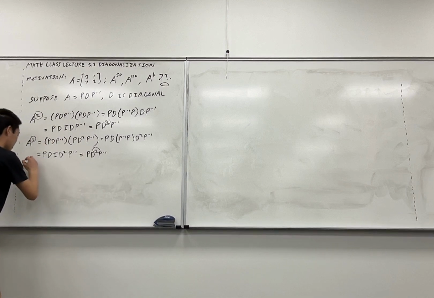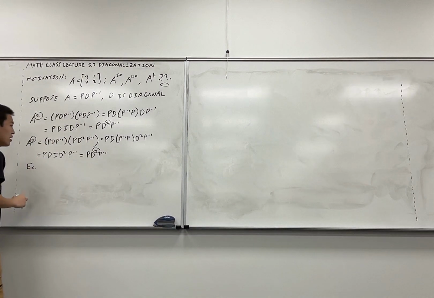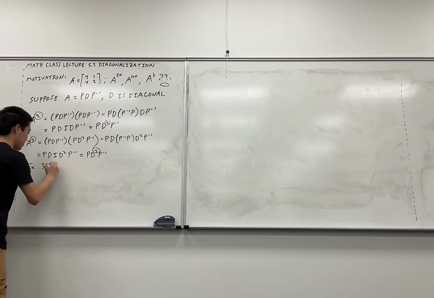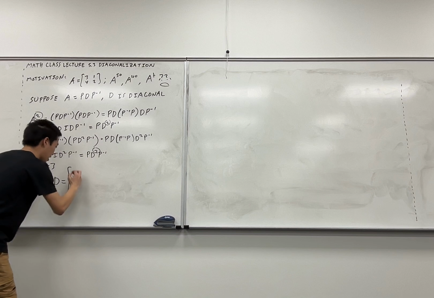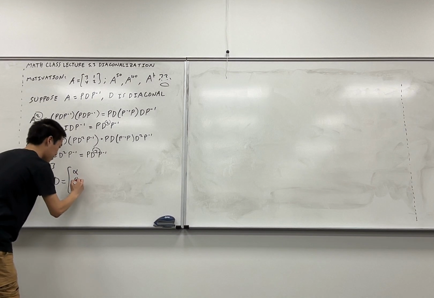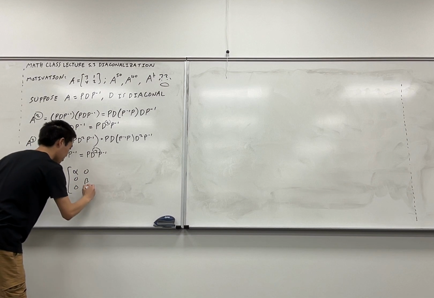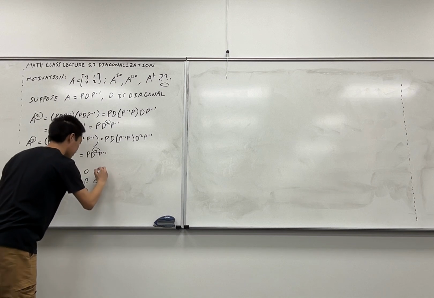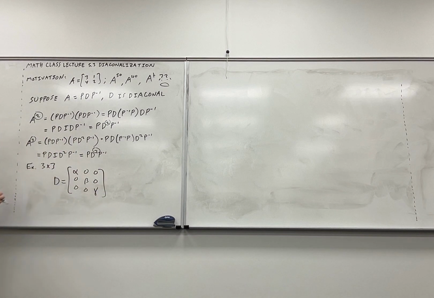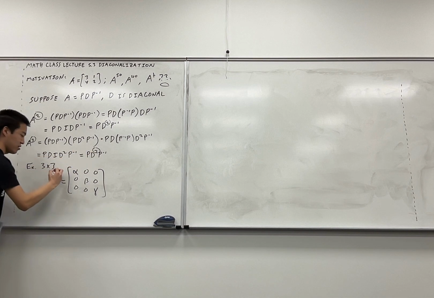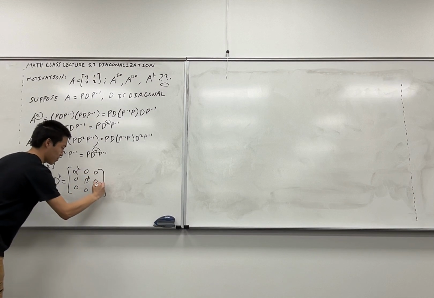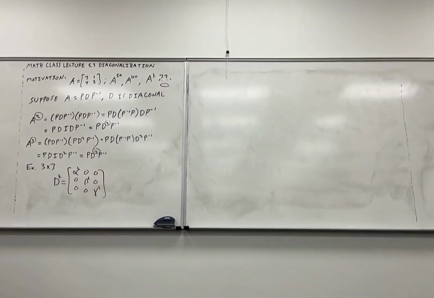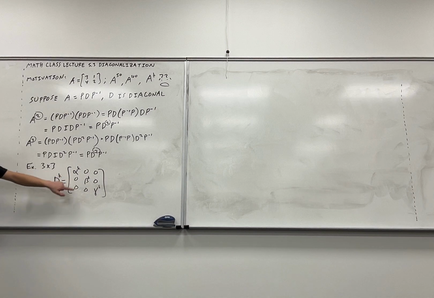For example, in a 3x3 case, I have something there, something there, something there on the main diagonal. All I have to do to raise the power to any k is put the power on each diagonal entry. That's all there is to it, because it only works since all the rest are zeros.